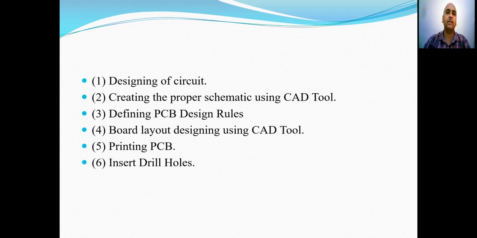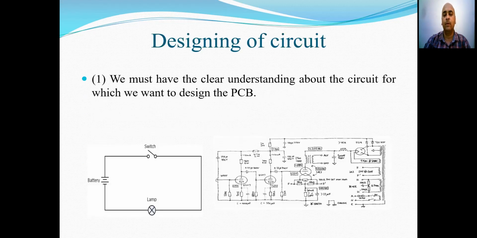Third step is defining PCB design rules. Fourth step is board layout designing using CAD tool. Fifth step is printing the PCB, and the sixth step is inserting drill holes to mount components on the PCB.